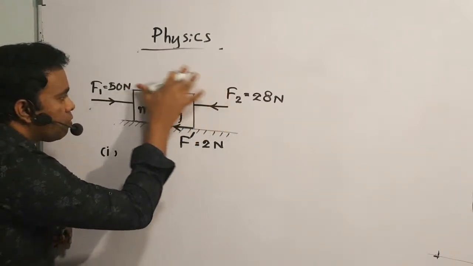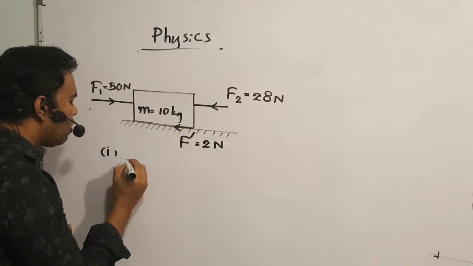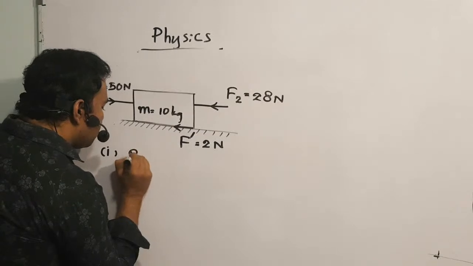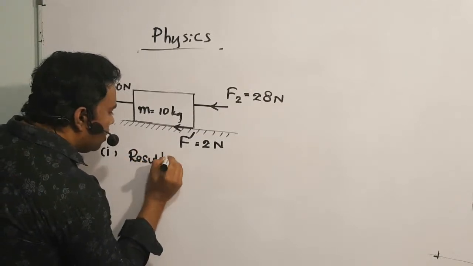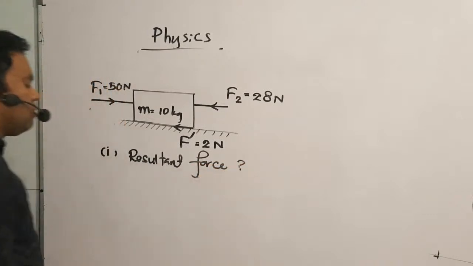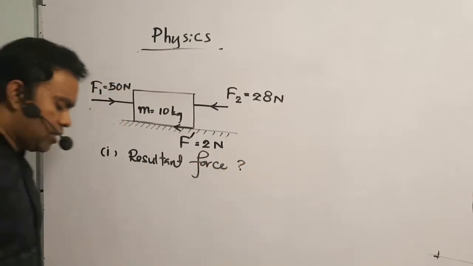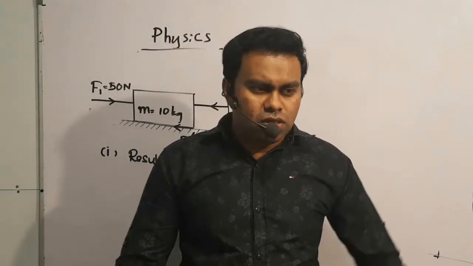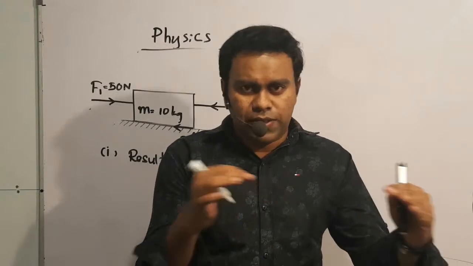So all the forces are given. So you have to find the resultant force. What's this resultant force? Or we call that the external unbalanced force. So balanced force and unbalanced force you have to know.